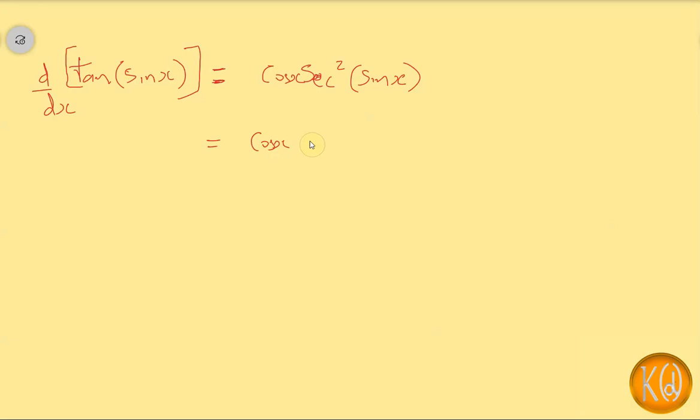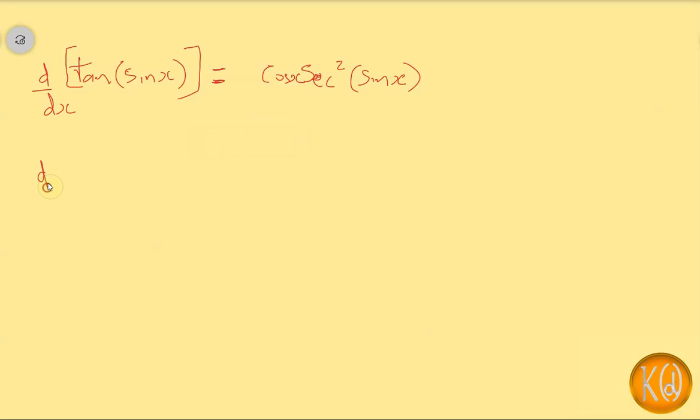So if we have that, it simply means that sec squared is, and on second thought, that cannot be simplified any further. That was a mistake actually to say that.